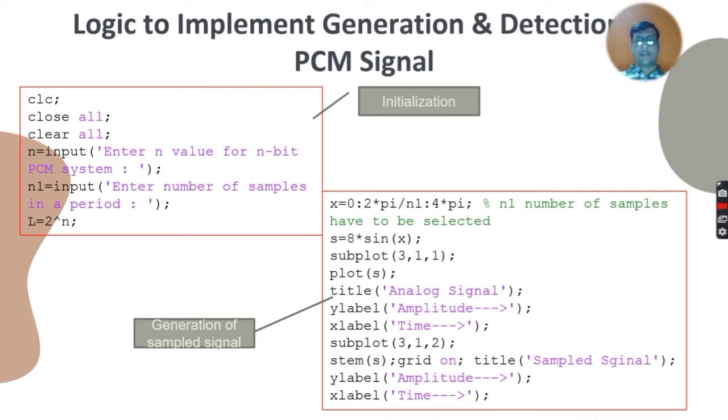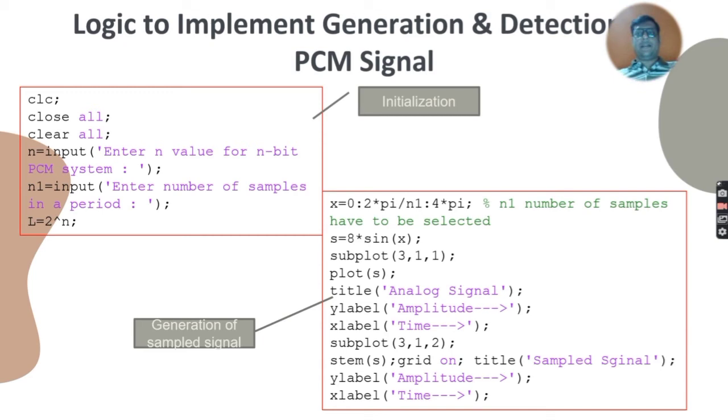N equal to 4 you can provide, or n equal to 8. If n is 4, that means 2 to the power 4; if n is 8, then 2 to the power 8 will come, so the number of levels will increase. After that, n1 is equal to input, enter the number of samples.